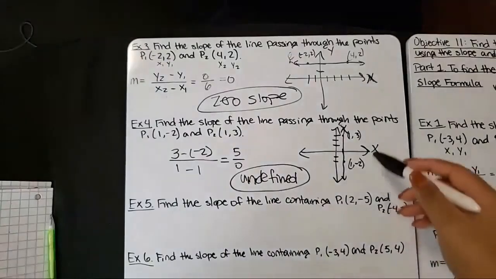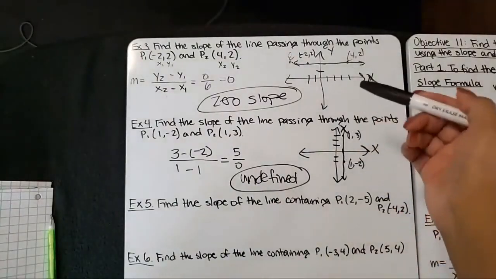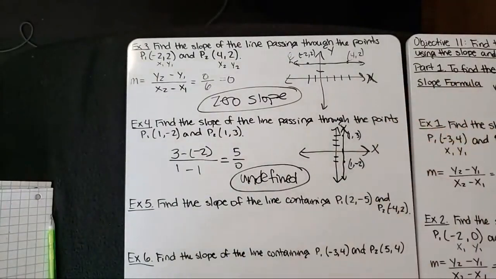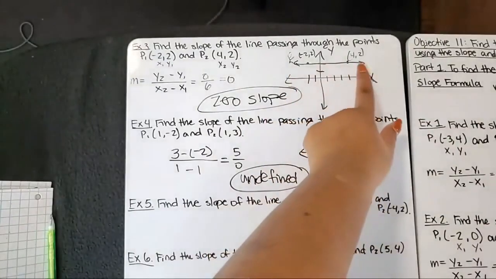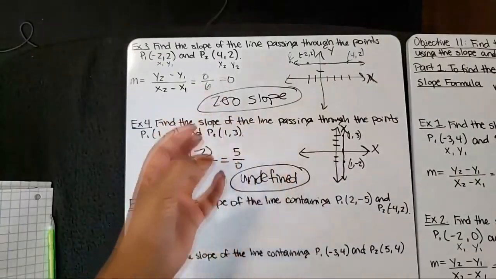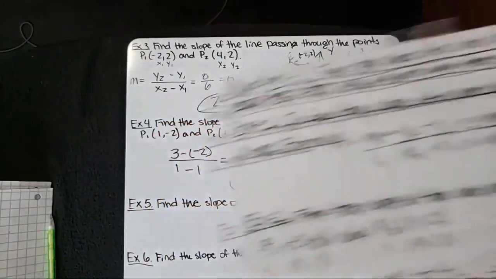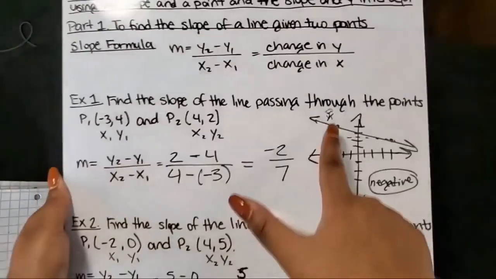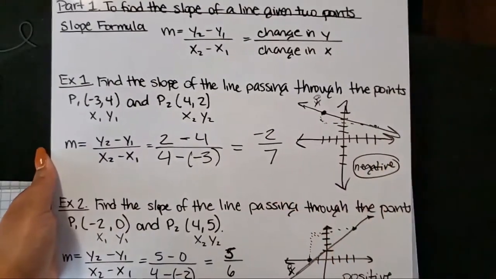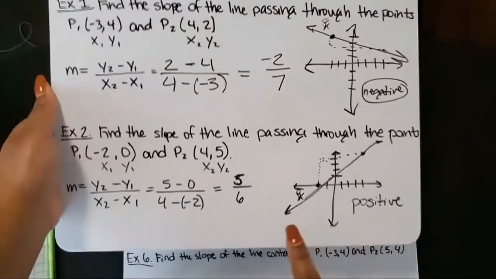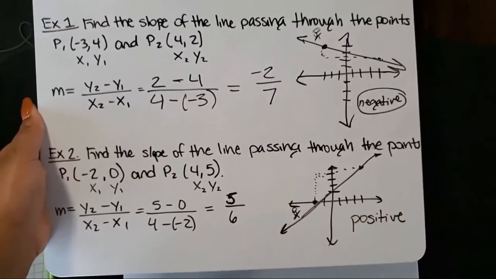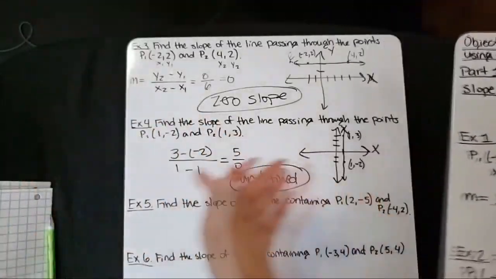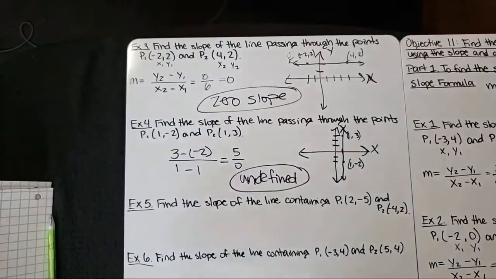So this is you just falling off the side of a cliff or something. That's undefined. If you're walking on a flat surface, that's a 0 slope. If you are going down a ramp, that is a negative slope. If you're going up a ramp, that is a positive slope. Okay? So I hope that makes sense to everybody.